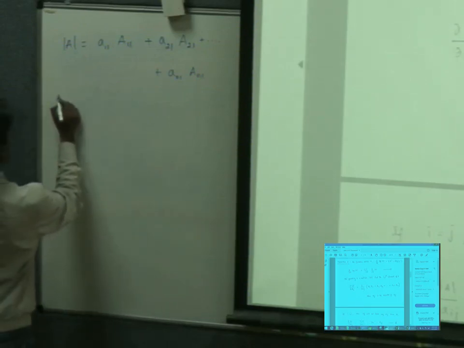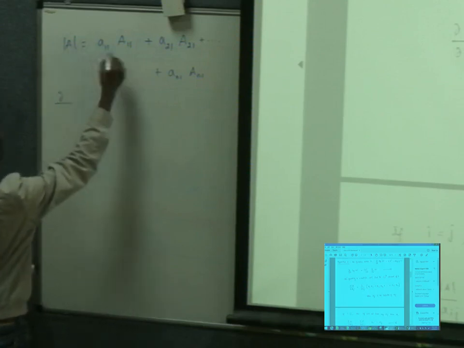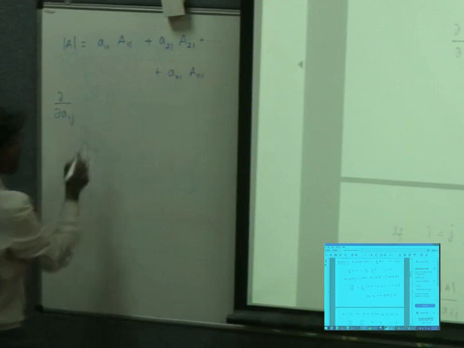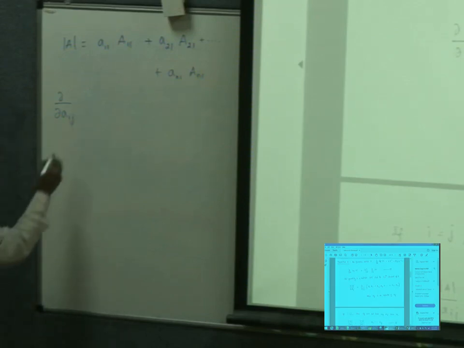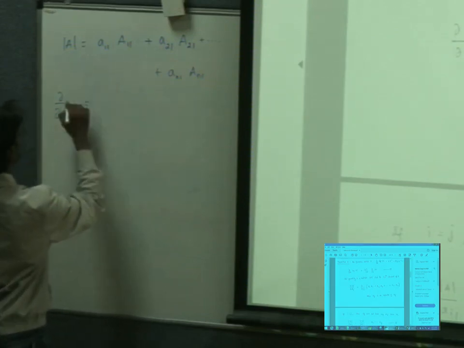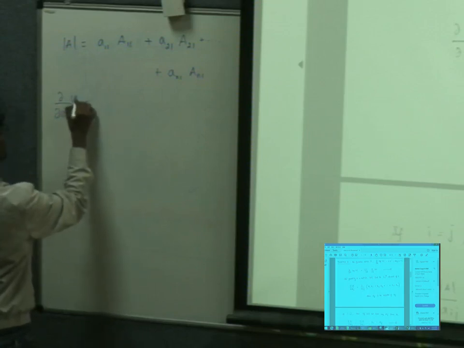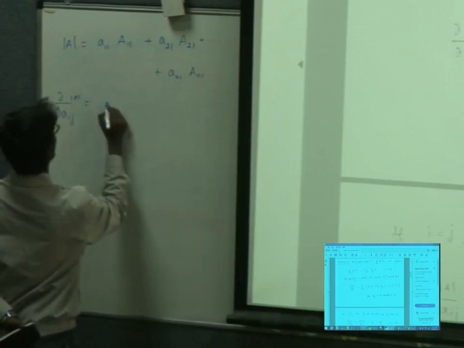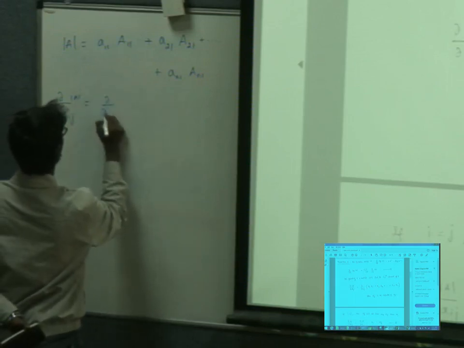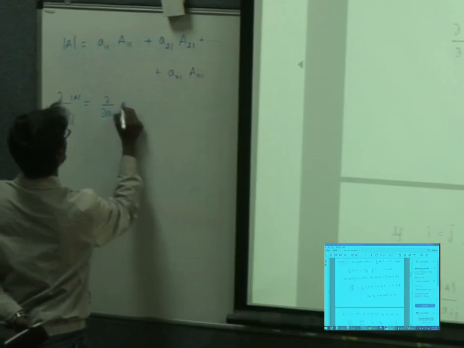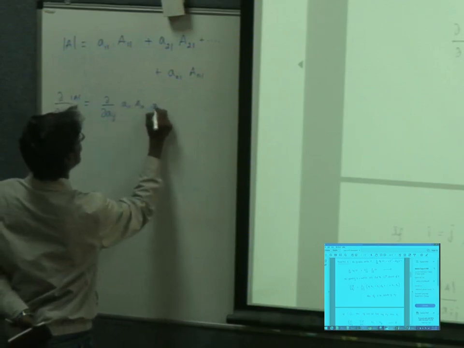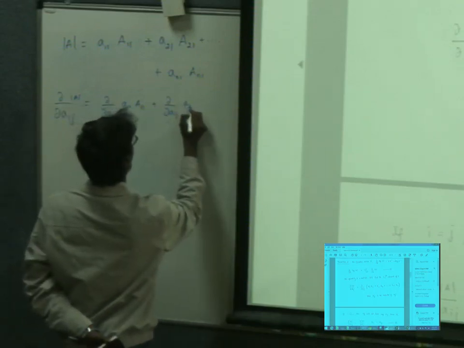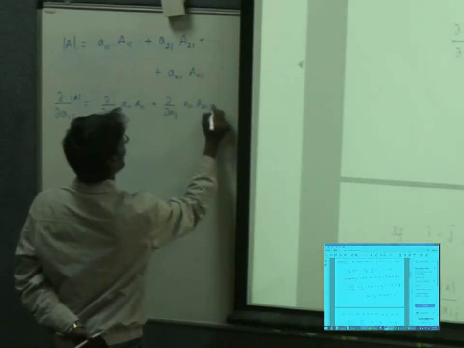Now we have to take the partial derivative of this entire thing with respect to aij. This is a linear operator, so you can move it inside the sum. So dou by dou aij of a11 A11, and so on.